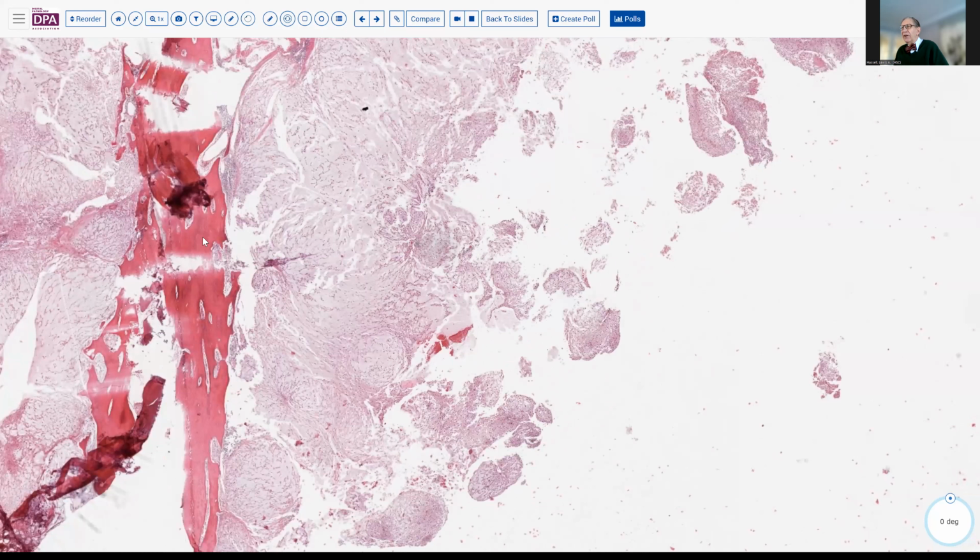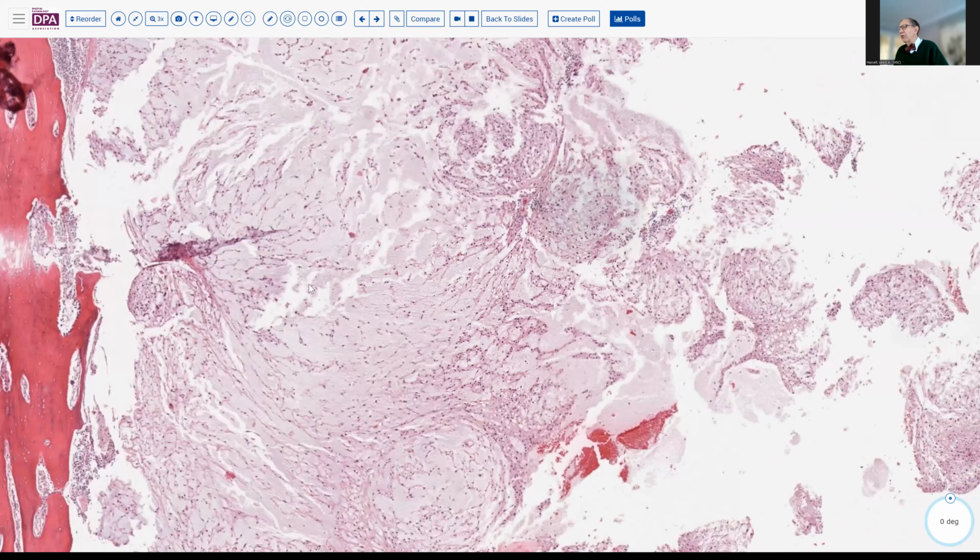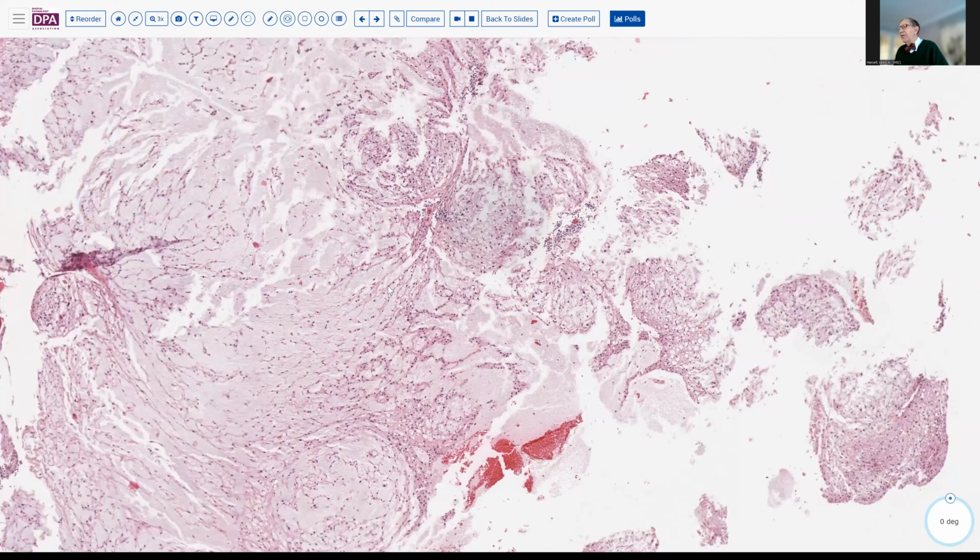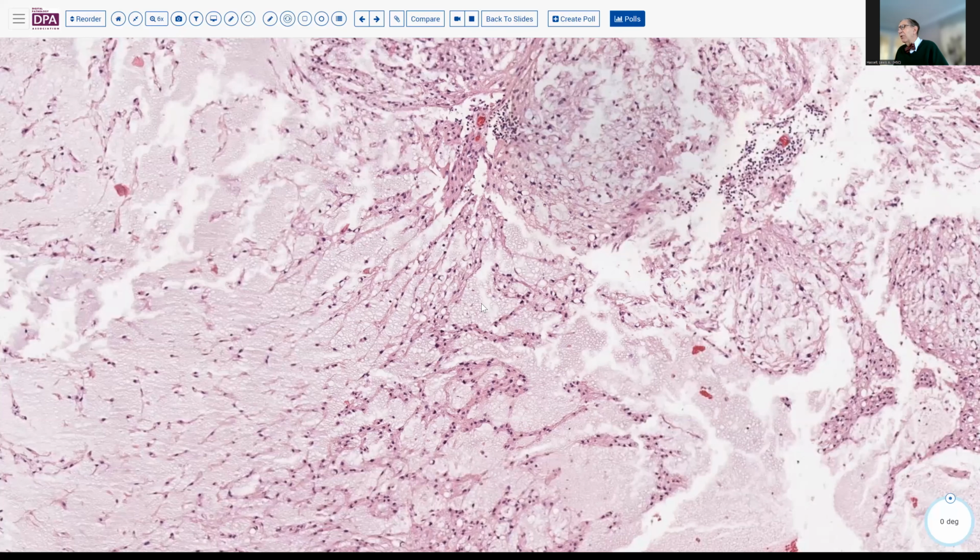As you can see here, it is involving or expanding through the bone. And as we look at this tissue, you can see that it's not making the classic papillary structures that we saw in the myxopapillary ependymoma, but it does have this very myxoid stroma associated with it.